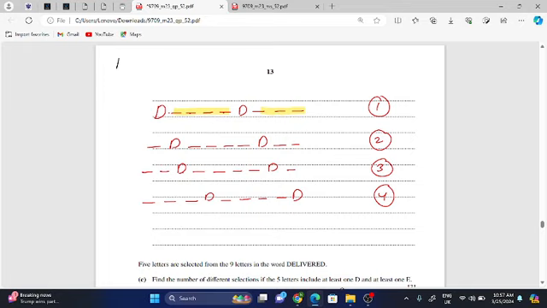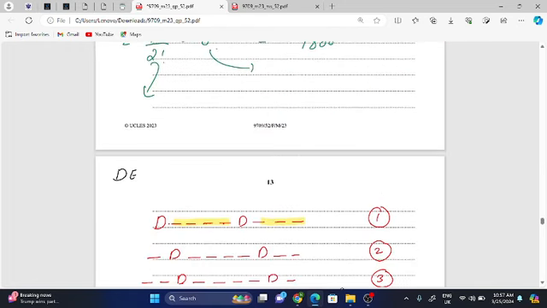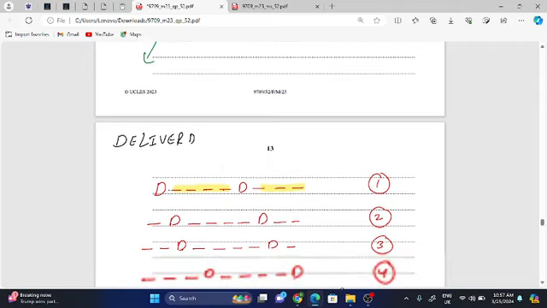So let me write D E L I V E R D. So these positions are fixed and E occurs 2 times. Four options are there through which I can arrange D, because I fixed the position of D. So in these 4 empty spaces, I can arrange any letters among E, L, I and V.